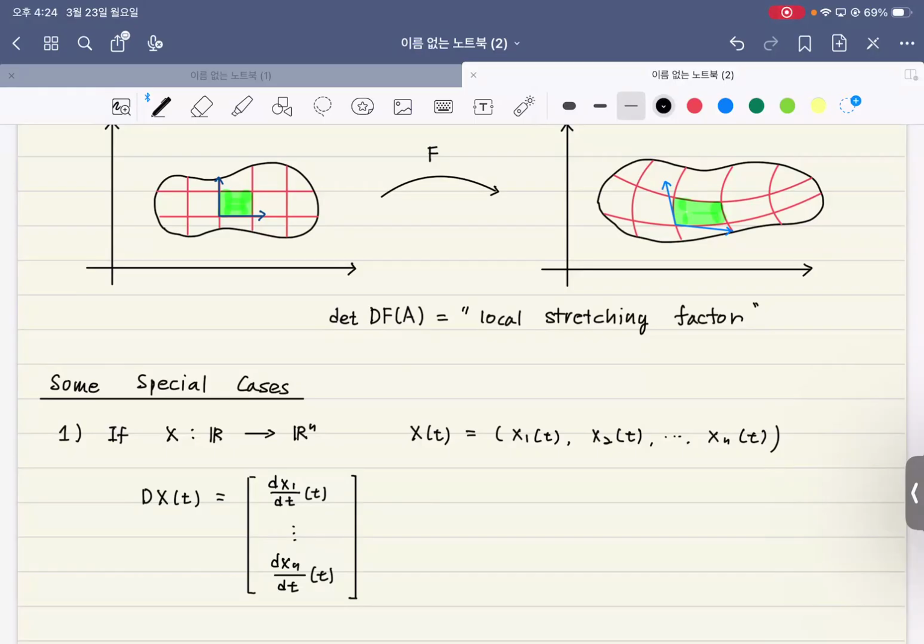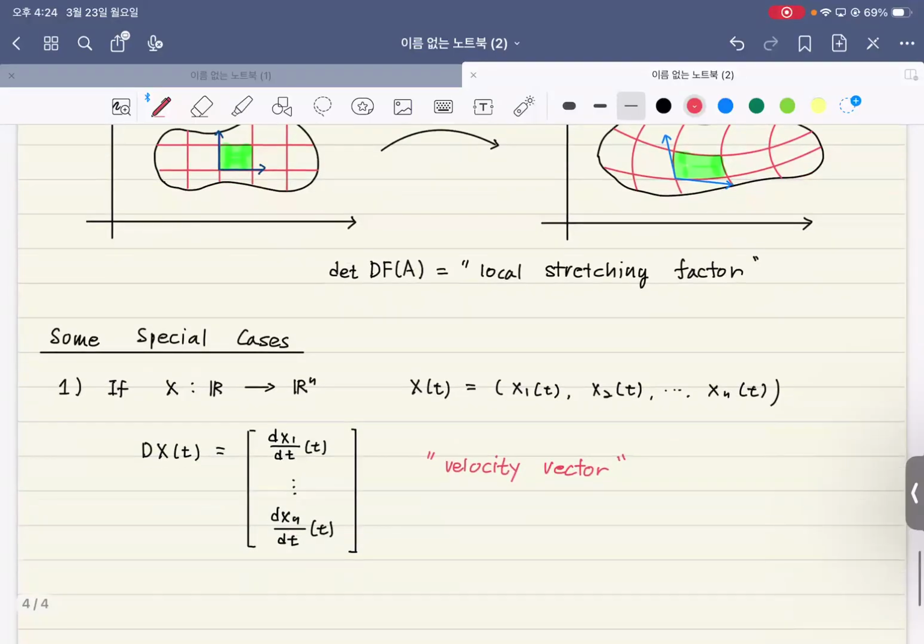So from time to time, I'm going to call this a velocity vector. If you differentiate each of these components, then this newly obtained vector is the velocity vector, which is tangent to the original curve, right?